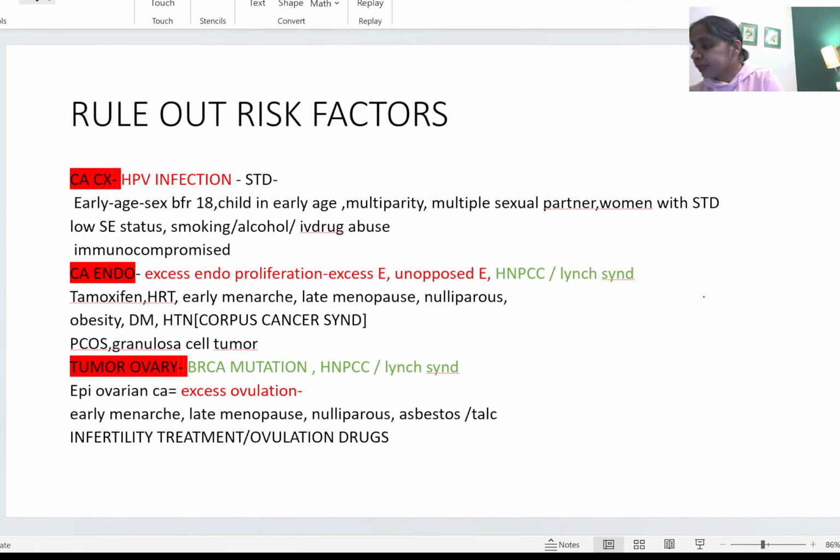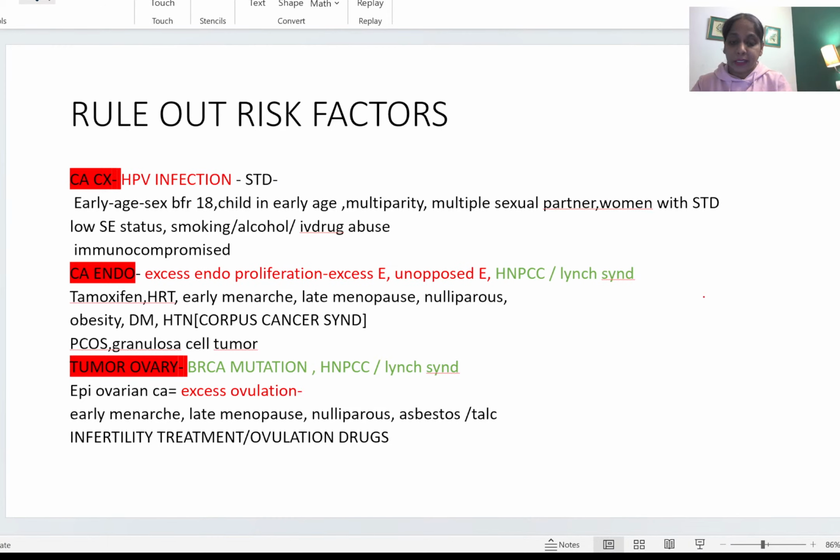If the child bearing age is before 18, it is a risk factor. Then multiparity: the more sex the female has, the more children she will bear, so again it is a risk factor.